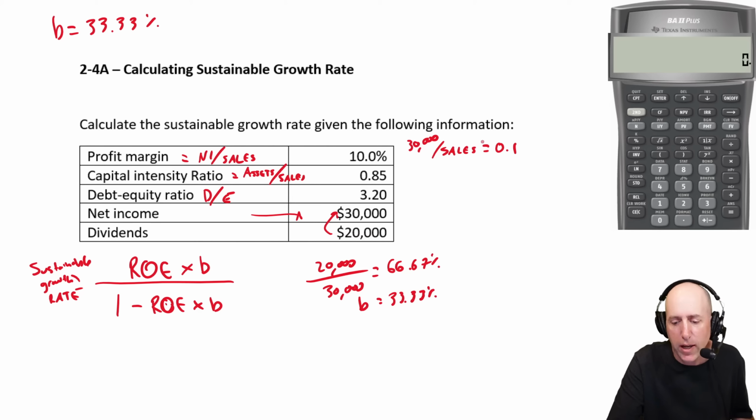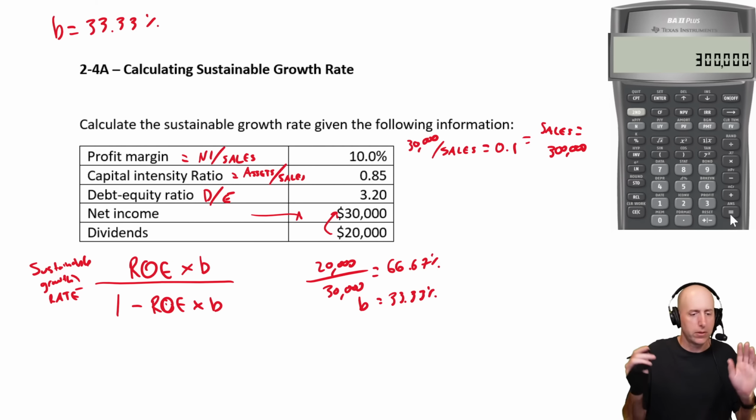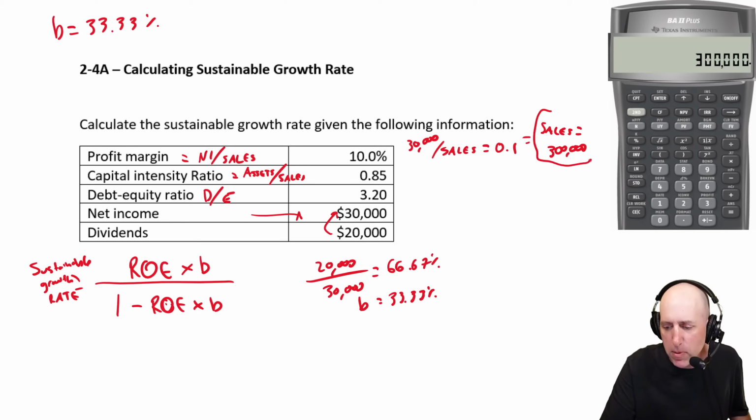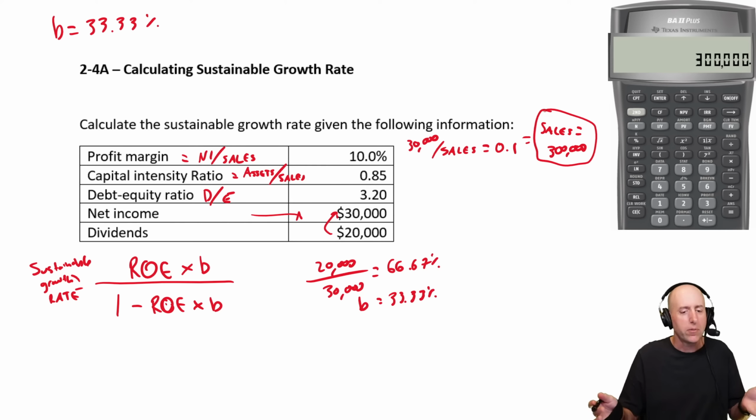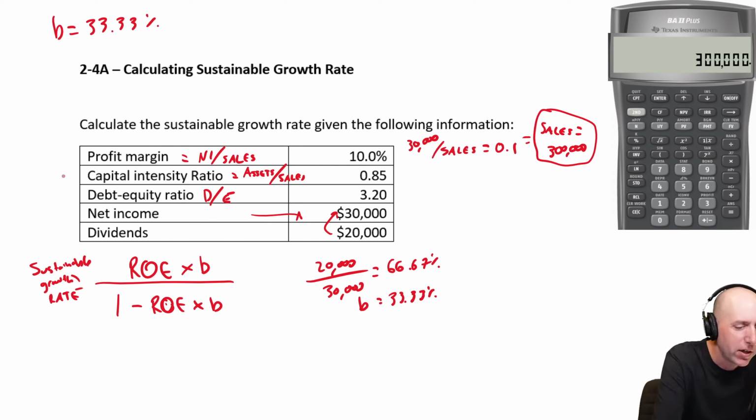If you rearrange, you go, okay, 30,000 divided by 0.1 equals sales. What you find is sales equals 300,000. It's just 30,000 divided by 0.1. Okay, so maybe useful information, maybe not. We'll see. Well, in fact, it is useful information. I wouldn't have solved it if it wasn't.